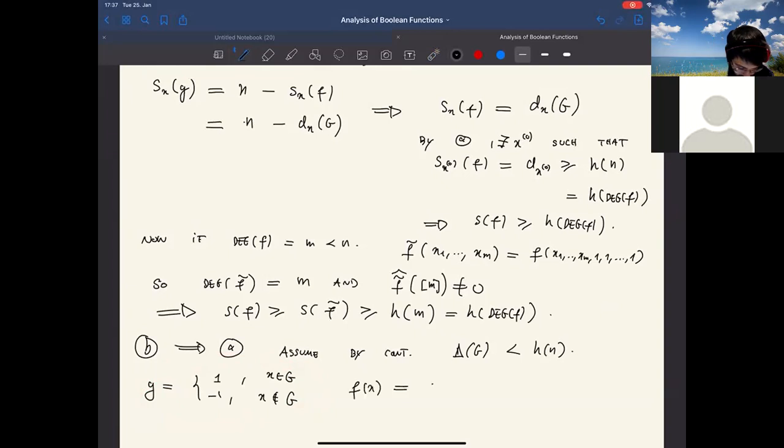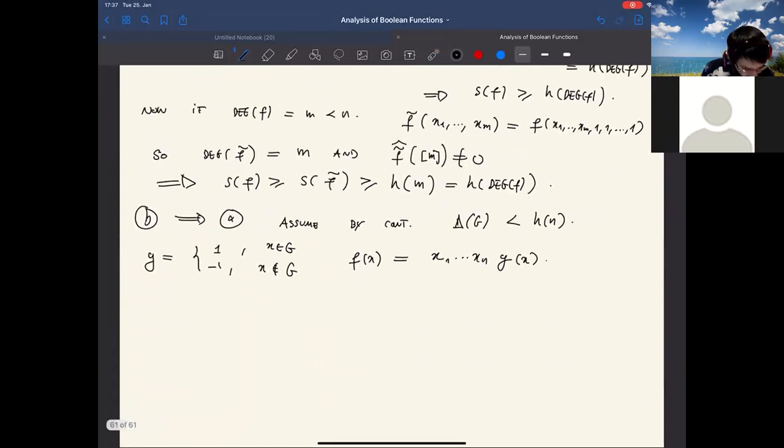And then you define f of x to be x1 to xn times g of x. I mean, you're kind of doing the previous proof backwards. But then you know that this is n minus the degree of g, and so the degree of x equals the sensitivity of x of f.